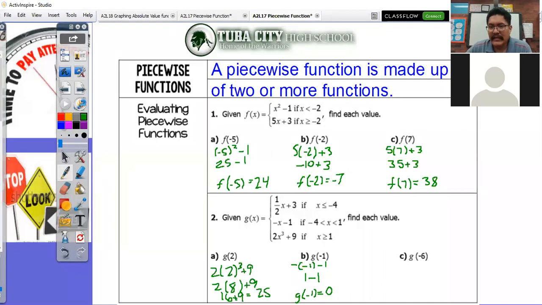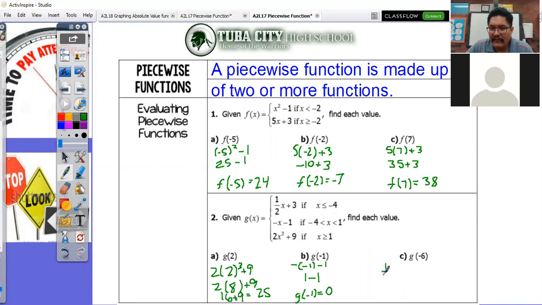All right, let's look at the last one, part C. And in this case, it's -6. So my guess is that it's going to be this one, because we haven't used that one yet. -6 is less than -4. Well, that's true. Remember, if you have two negative numbers, the bigger the negative number, the less it is. All right, so let's go ahead and plug it in.